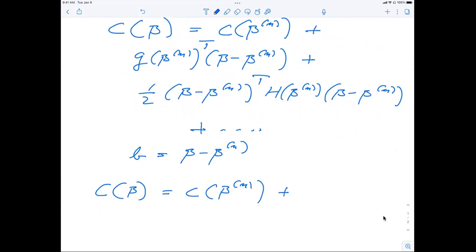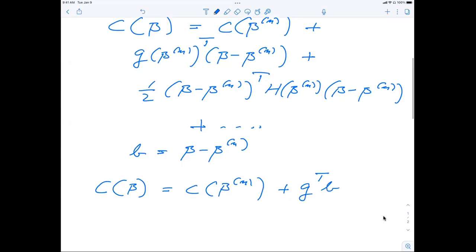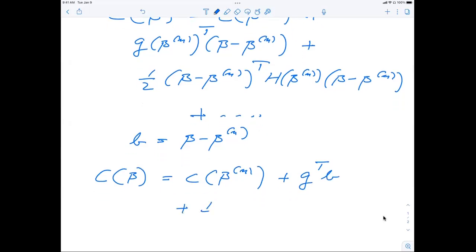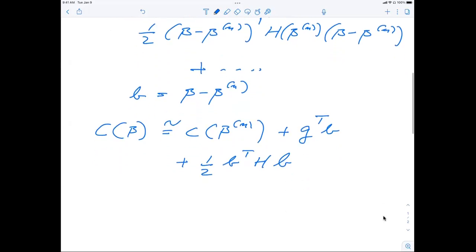And now I'm going to skip the dependence of the gradient on beta n, so I'm just going to write it in a more compact way. So we have G transpose times vector B plus 1/2 of the vector B transpose, and then multiply with Hessian matrix times the vector B. And now we should put an approximation sign here to indicate that we actually truncate this at a specific level here.